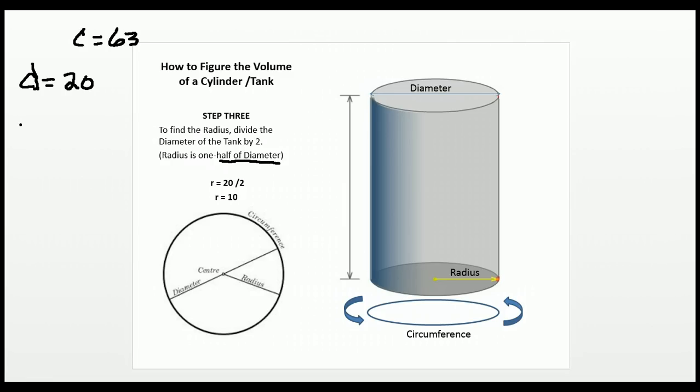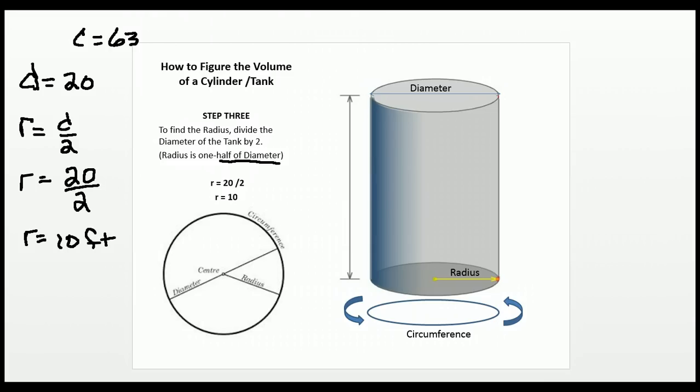So the radius is equal to D divided by 2. Our radius is going to be equal to 20 divided by 2. And if you reach for that calculator, I tell you, you better not. 20 divided by 2, R is equal to 10 feet.